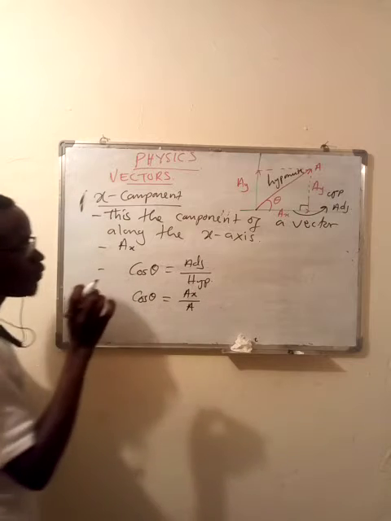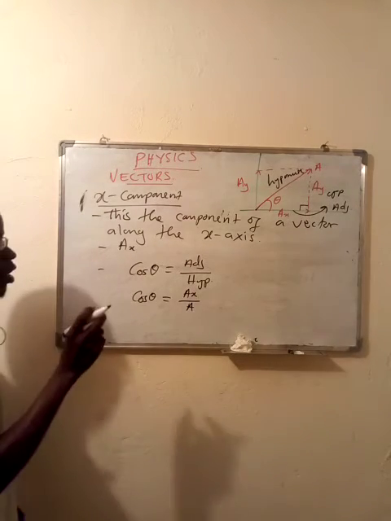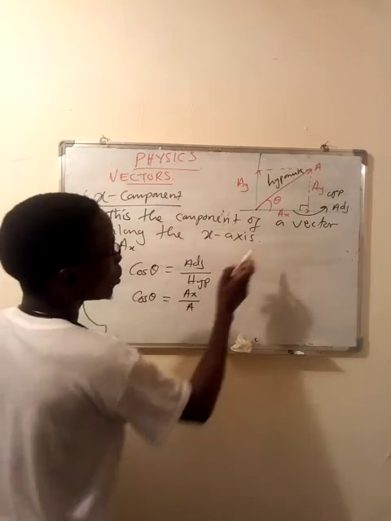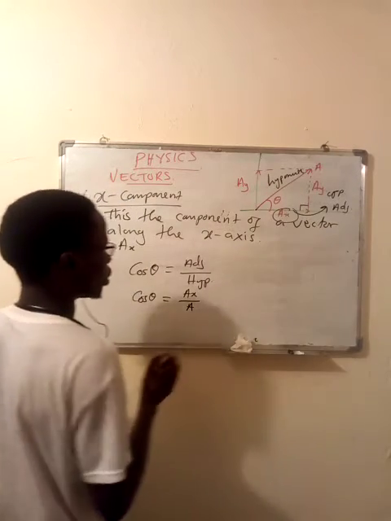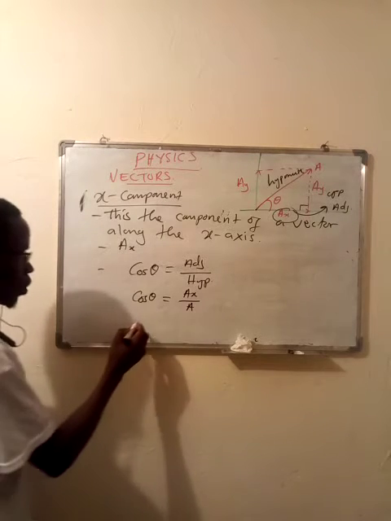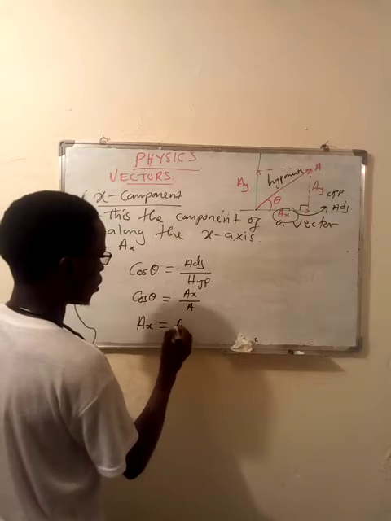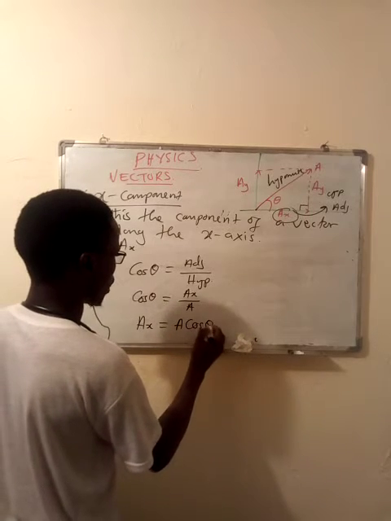We are looking for the x component of this vector. So in other words, we're going to make AX the subject of the formula. So AX is going to be equal to A cos theta.